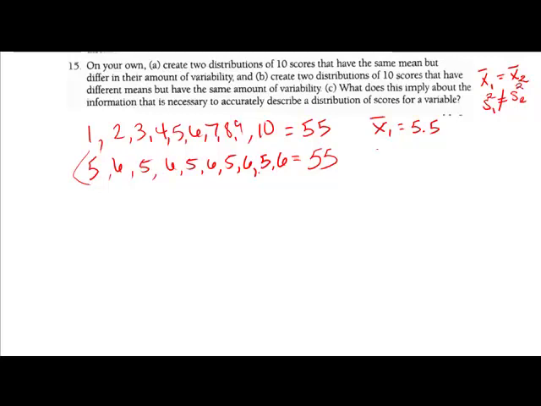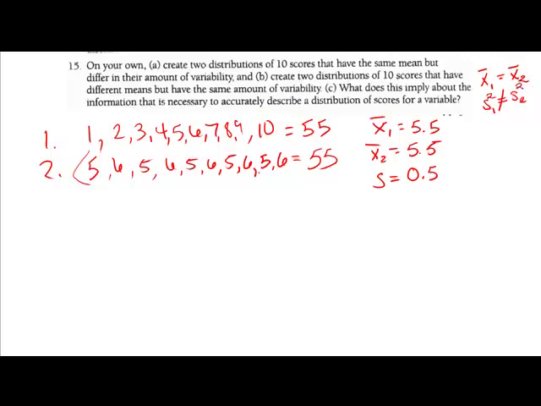Because my mean of this group is still 5.5. What's going to be the average distance away for my group 2? Well, every single number here has the exact same difference. The standard deviation for this is going to be 0.5 because each one of those observations is going to be 0.5 away from the mean. There we go.